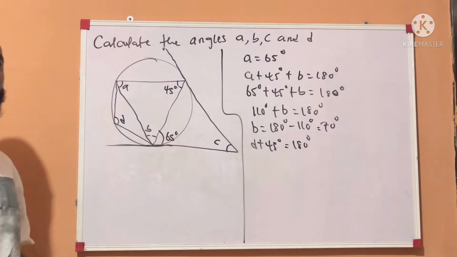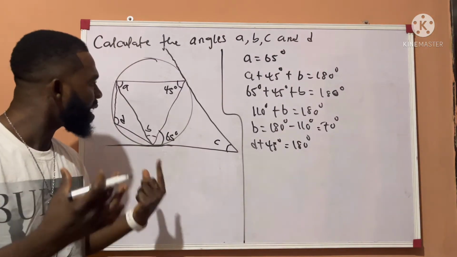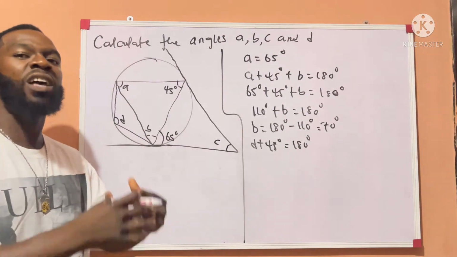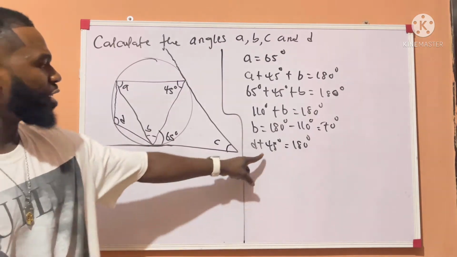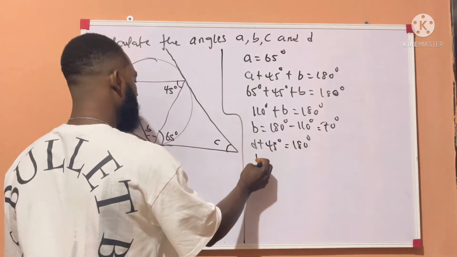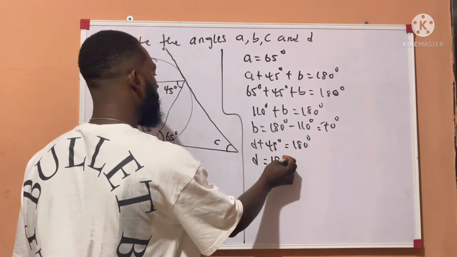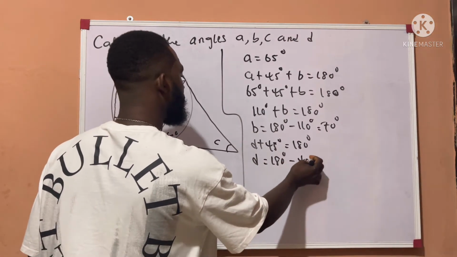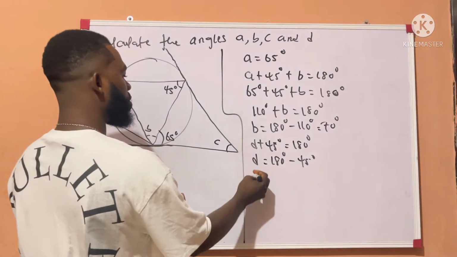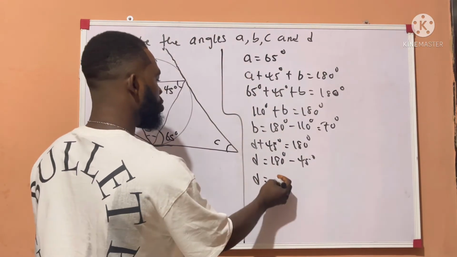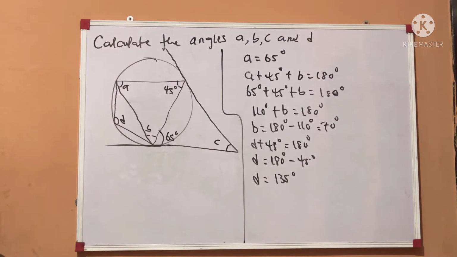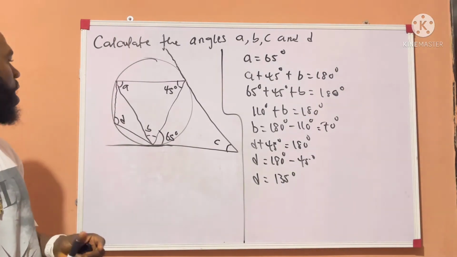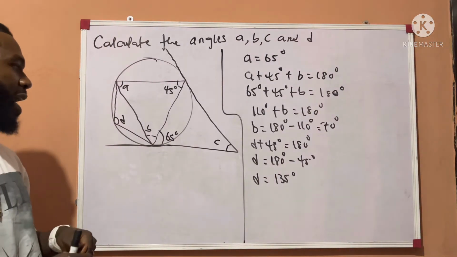And what is the reason? Opposite angles of a cyclic quadrilateral are supplementary, or add up to 180 degrees. So if I collect like terms, D is equal to 180 degrees minus 45 degrees, and D gives us 135 degrees.